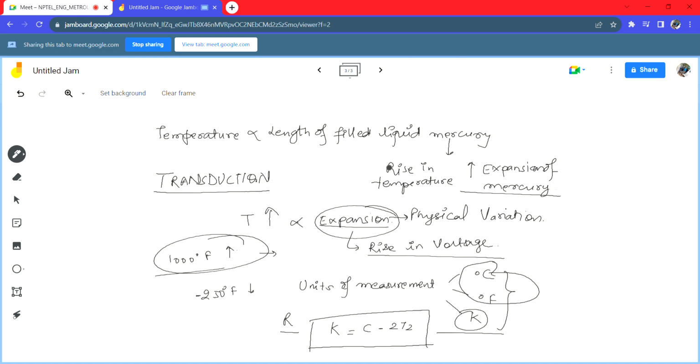Okay, the assignment for you, the takeaway, is that you should study and analyze the relations between the three scales or three units of temperature scale.